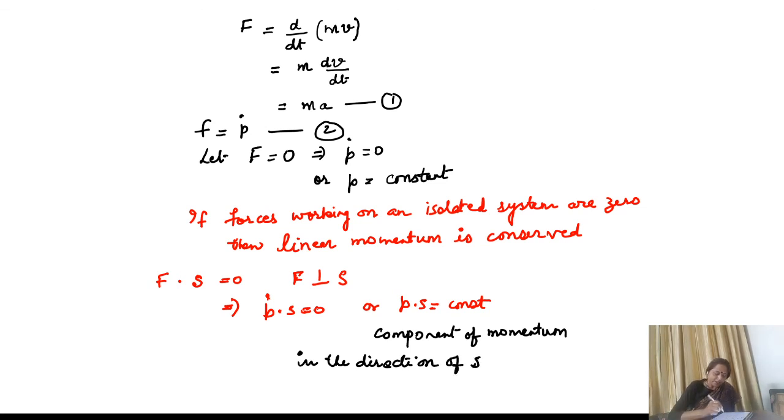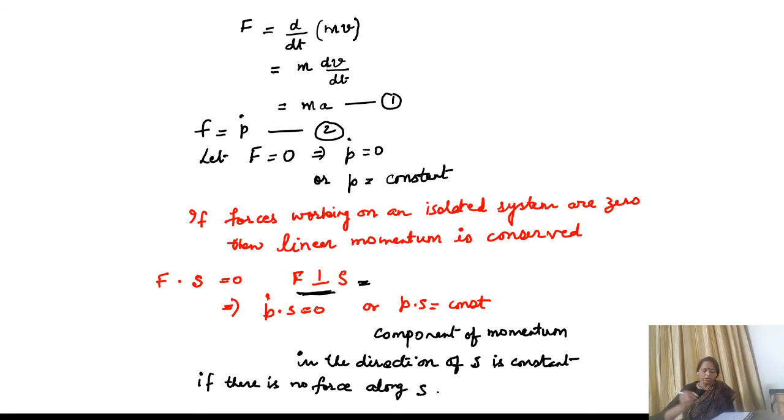And it says that if there is no force in the direction of a line element, then momentum in the direction of that line element will be constant, is constant if there is no force along S or along a line element.